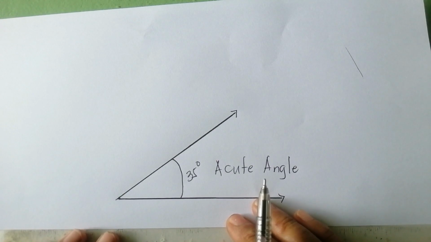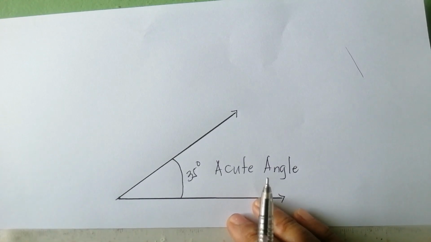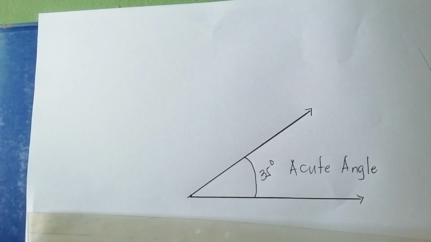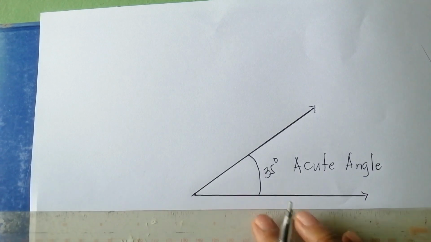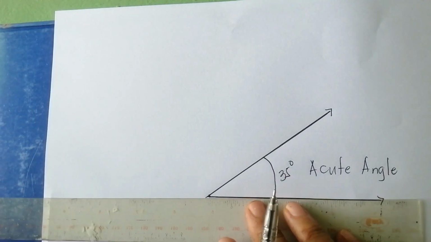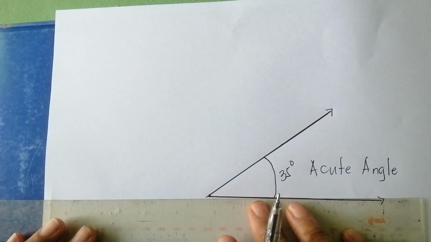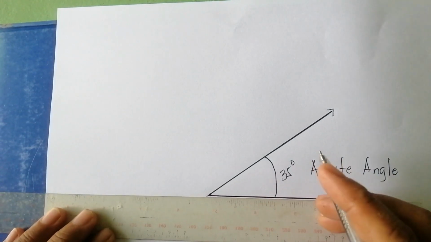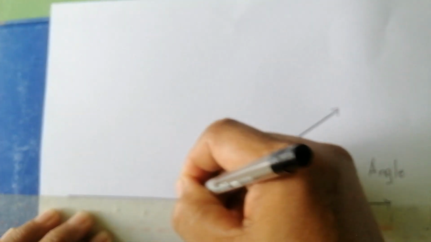Okay, so let's proceed to the next classification, which is a right angle. We will utilize the other part of the bond paper. This one, again, we will create a horizontal line here.